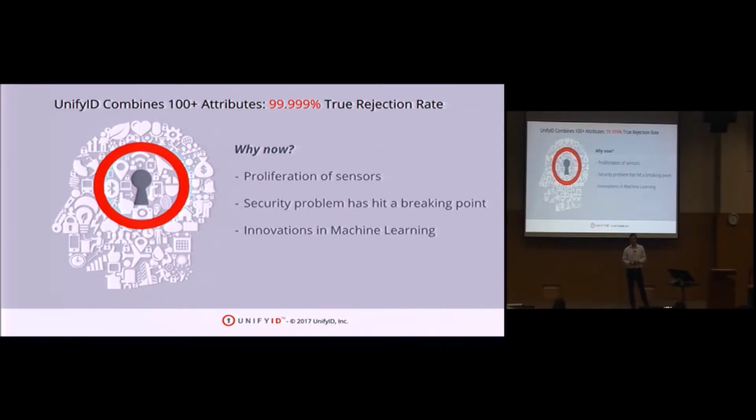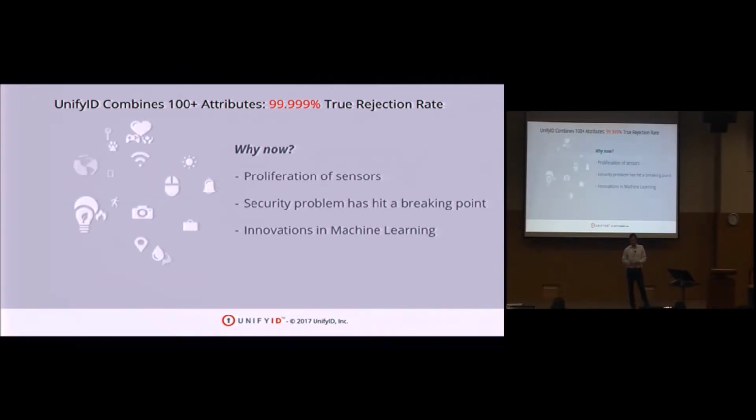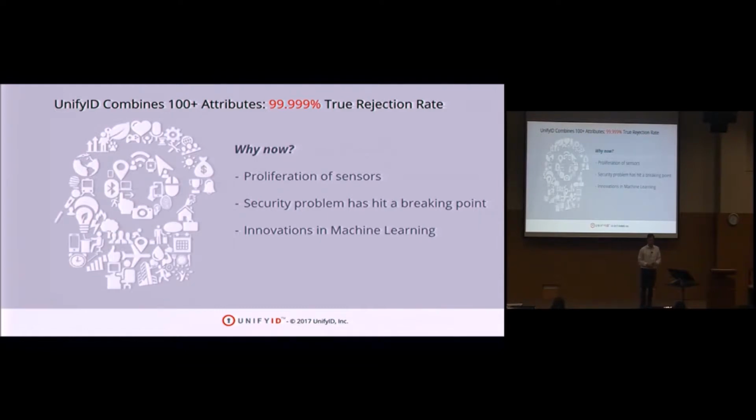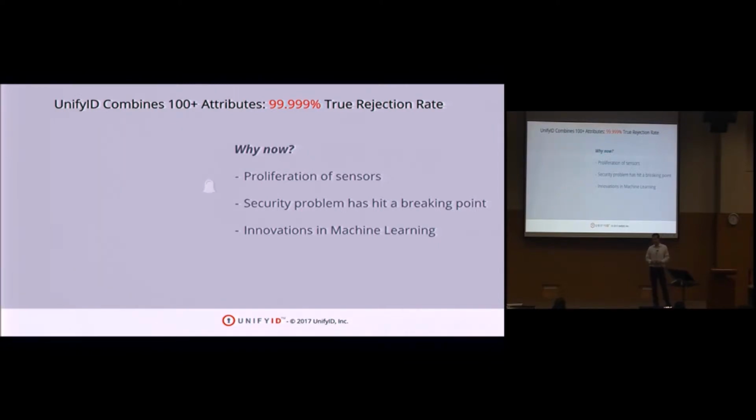And now the authentication and security problem has become such an issue that people are willing to share data, or give access to this type of data, because they're getting some value from it.